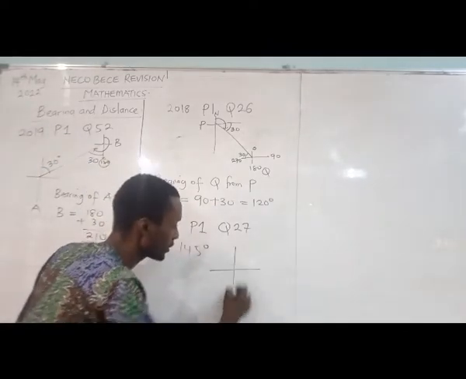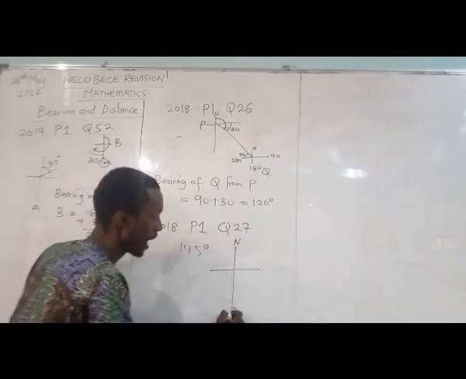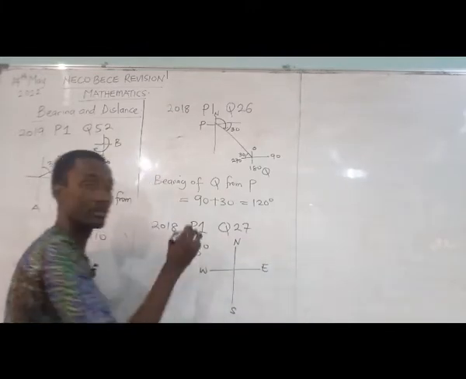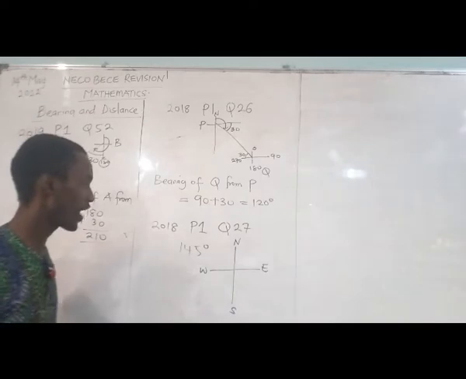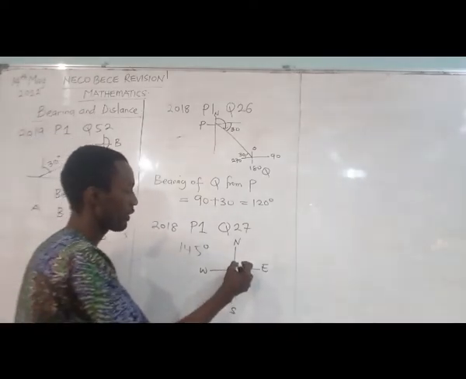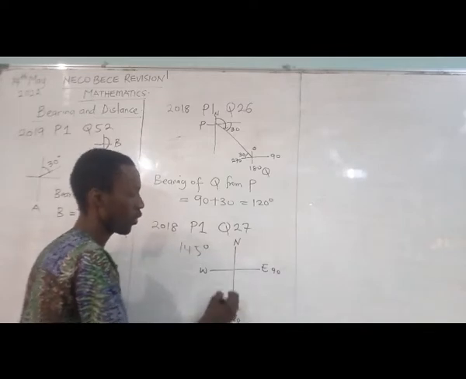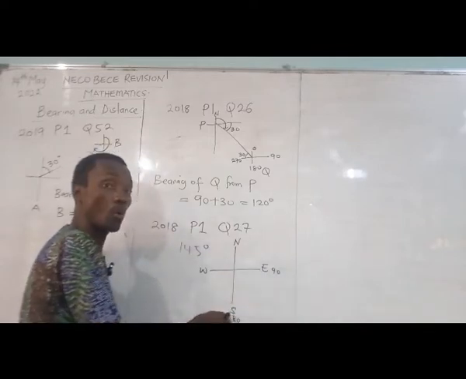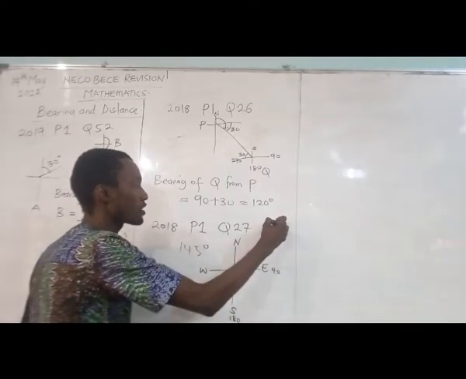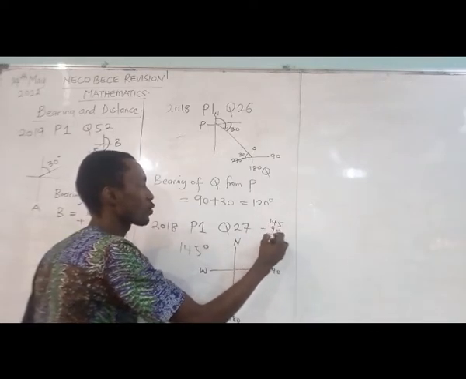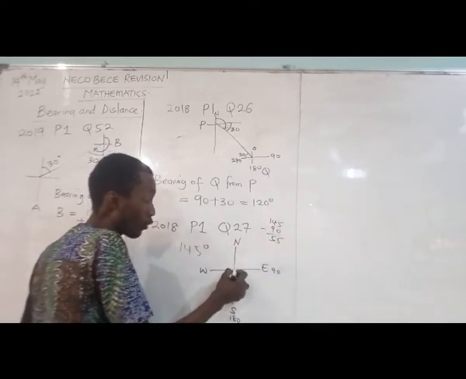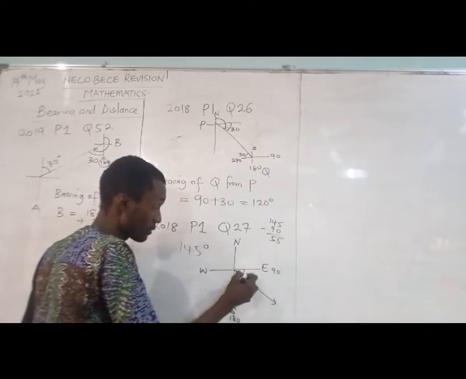You draw your cardinal points. North, south, east, west. Where would you have 145 degrees? This is 90. This is 180. So 145 will be between 90 and 180. So 145 minus 90 is 55. Which means I will move 55 into this place.